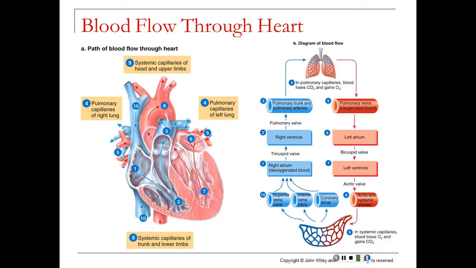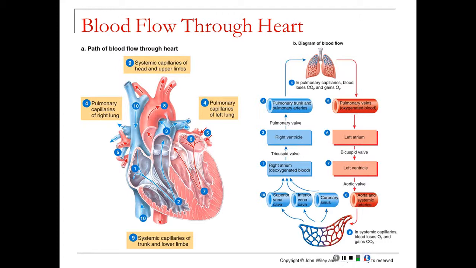Let's trace the path of blood through the body. Let's start here with number 1. Number 1 is that blood starting in that right atrium, flowing through that tricuspid valve on the right side to the right ventricle. Blood from the right ventricle will then flow up through the pulmonary semilunar valve to the pulmonary arteries, out to the right and left pulmonary arteries, out to the lungs, where it picks up oxygen and diffuses the carbon dioxide.